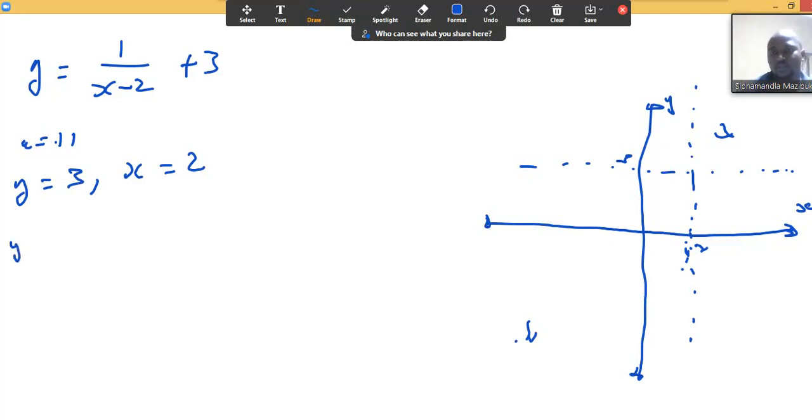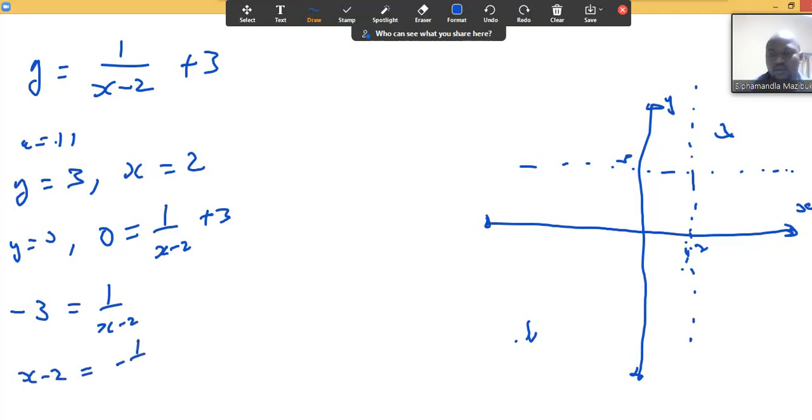Let y be 0. If y is 0, we have 0 equal to 1 over x minus 2, plus 3. Taking it to that side, we have minus 3 equal to 1 over x minus 2. Swap it. So x minus 2 is equal to minus 1 over 3, and then taking your x to that side, it's minus 1 over 3 plus 2.